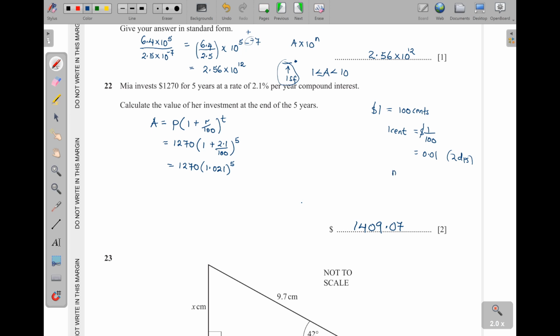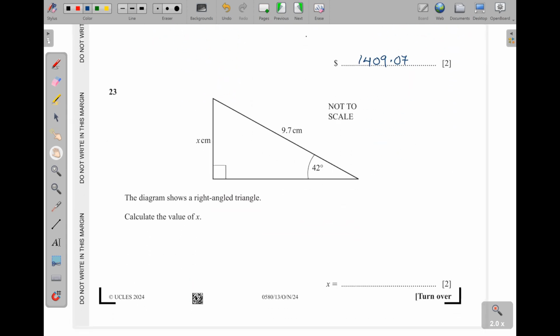So sometimes they say give your answer to the nearest cent. When they say to the nearest cent, it means 2 decimal places. So that's why in most cases the answers are given to 2 decimal places. So in other words, this one has $1,409.07.